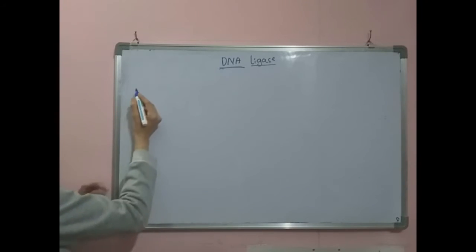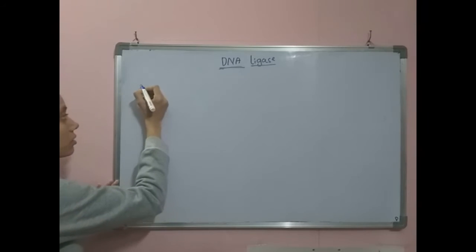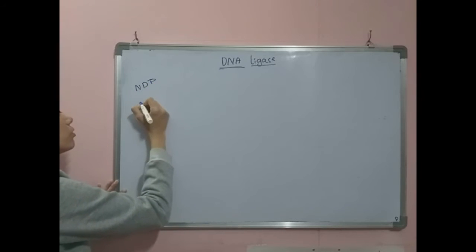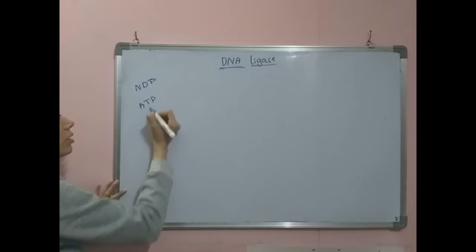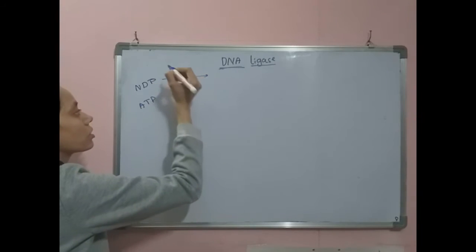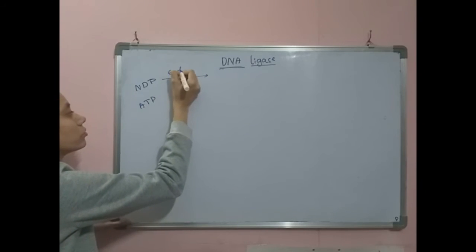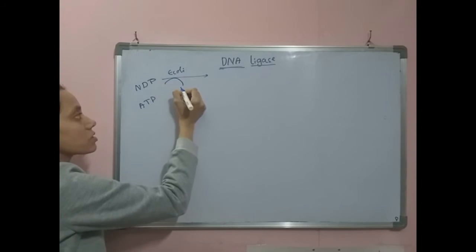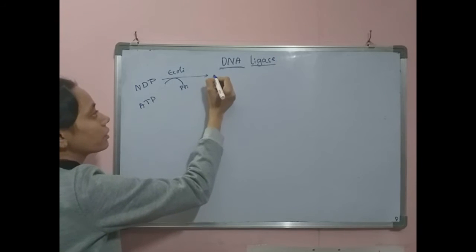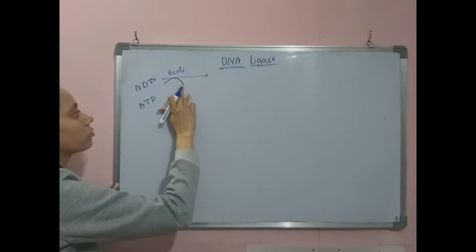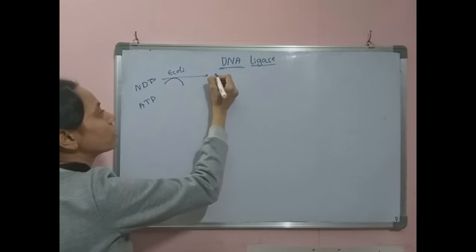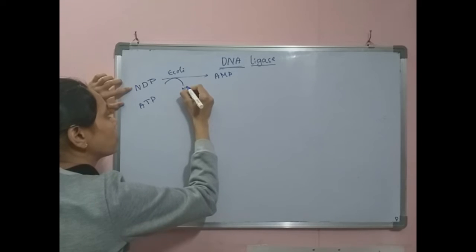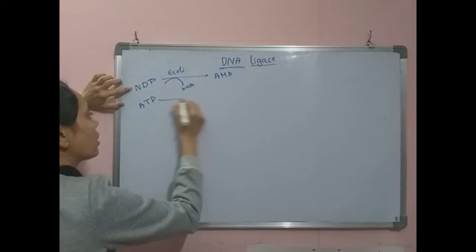As we already understood, it is NAD or ATP dependent. If it is E. coli, it is an NAD dependent enzyme, that means it releases pyrophosphate, and NAD is the donor of AMP, and NMN is released.